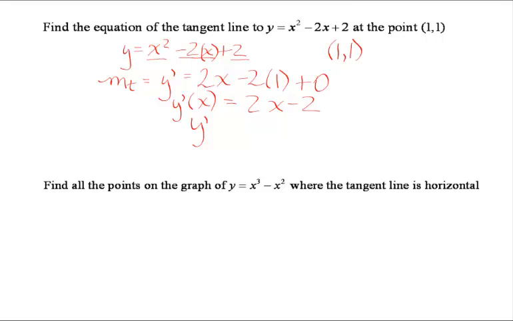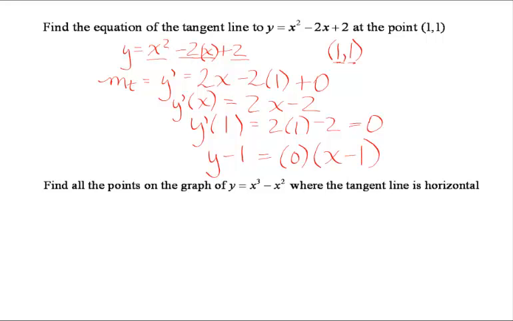I specifically need y prime at my point of tangency that has an x-coordinate of 1. The slope is 0. I'm still going to use the point slope form for the equation of a line because I want you to see something. I have y minus y1, there's y1, equals the slope times x minus x1.